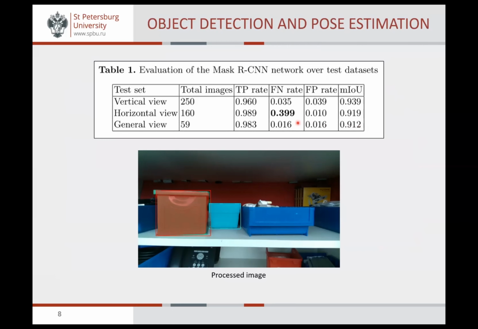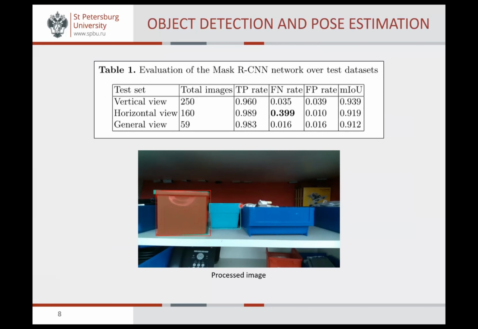The biggest problem is that for the horizontal view use case, we have a lot of bins that were not detected. Below you can see a sample image that shows this problem. It contains 3 KLT bins. You can see that the left one and the middle one were successfully detected, while the right one wasn't.